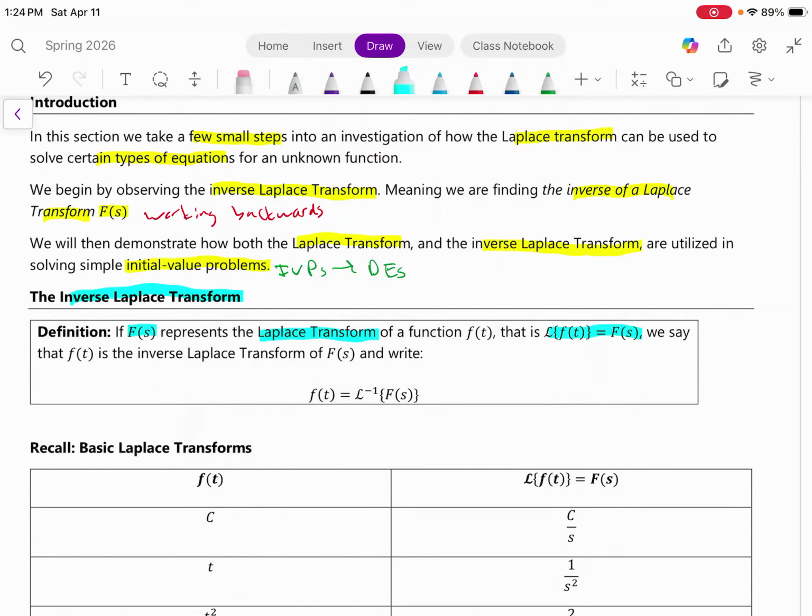We say that f of t, the original function, is the inverse Laplace transform of F of s, the Laplace function. And what we write is f of t equals L raised to the -1, F of s. Okay, so that is what the inverse Laplace transform is. And like I said, it is just working backwards.